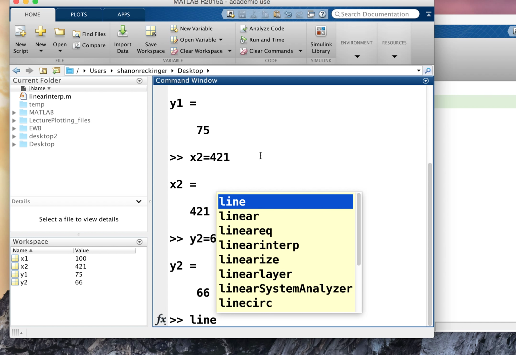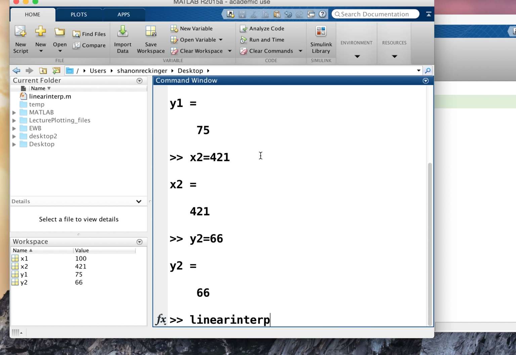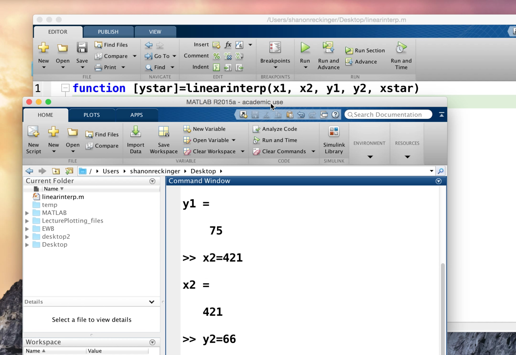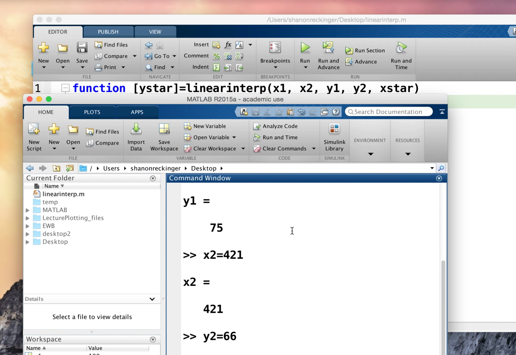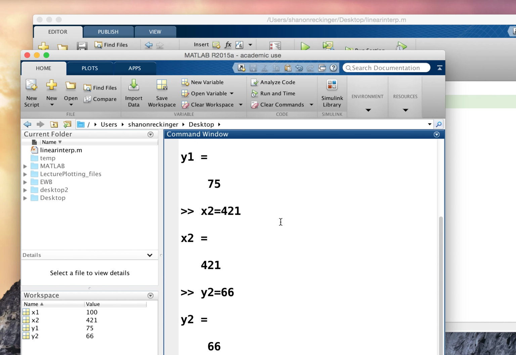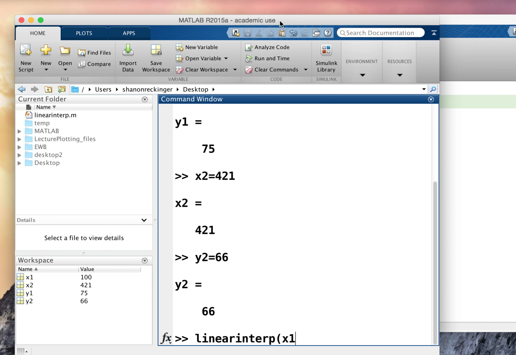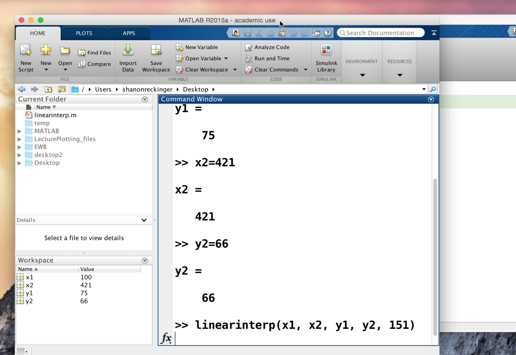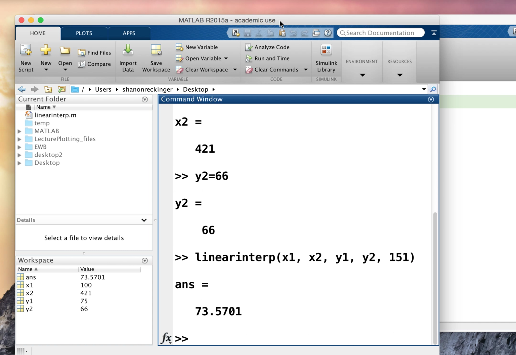So I'm going to call my function, and I'm going to look back at how I set up the function. I did x1, x2, y1, y2, x star. So I'm going to put it in that order. So I'm going to do x1, x2, y1, and I didn't have to put these in as variables, I just did. So I would be 73.6 years old.